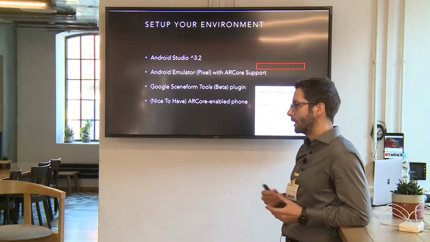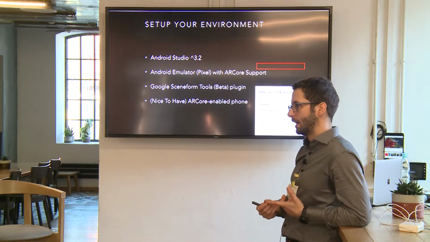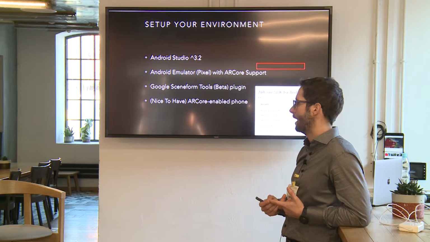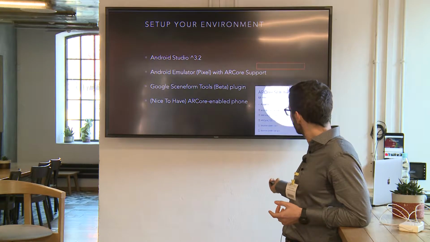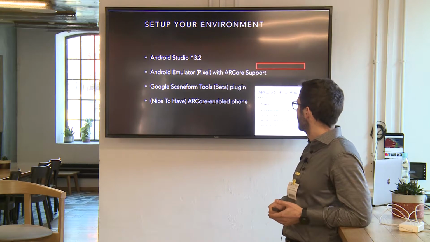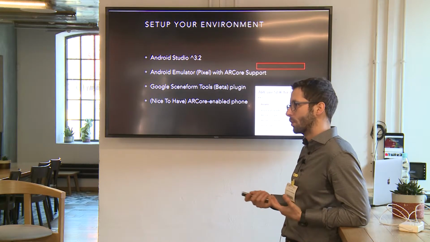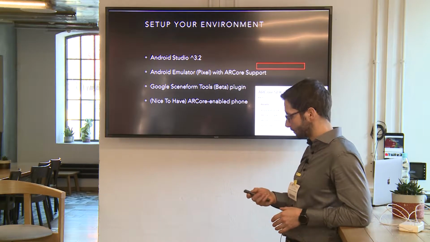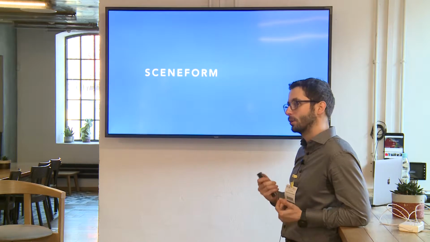And you can work in the emulator with ARCore, but it has to be a Pixel phone image, and you need to install the ARCore emulator APK. There is a website on the ARCore GitHub, and you can download the APK for the emulator, and then you can start working in the emulator with ARCore and something called SceneForm.